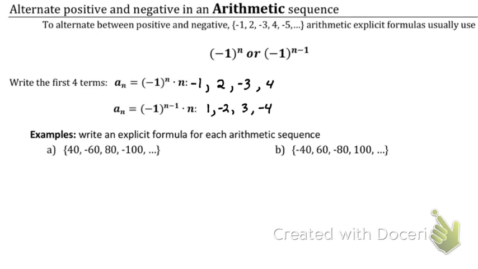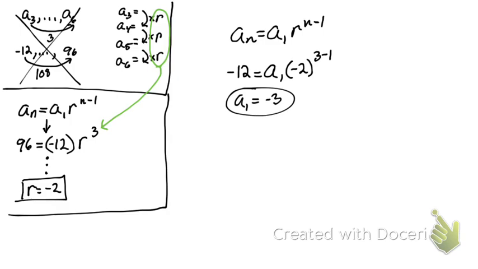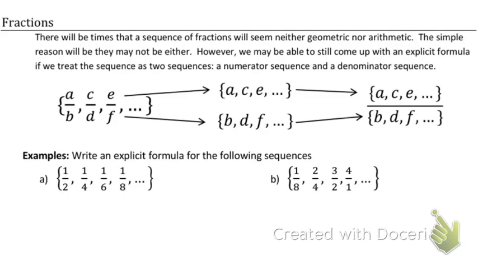So when I'm looking at an equation like this, where I have 40, -60, 80, -100, I'm going to notice it's not strictly arithmetic. Because once again, to get from 40 to -60 would be a -100, but -60 plus that doesn't equal 80.